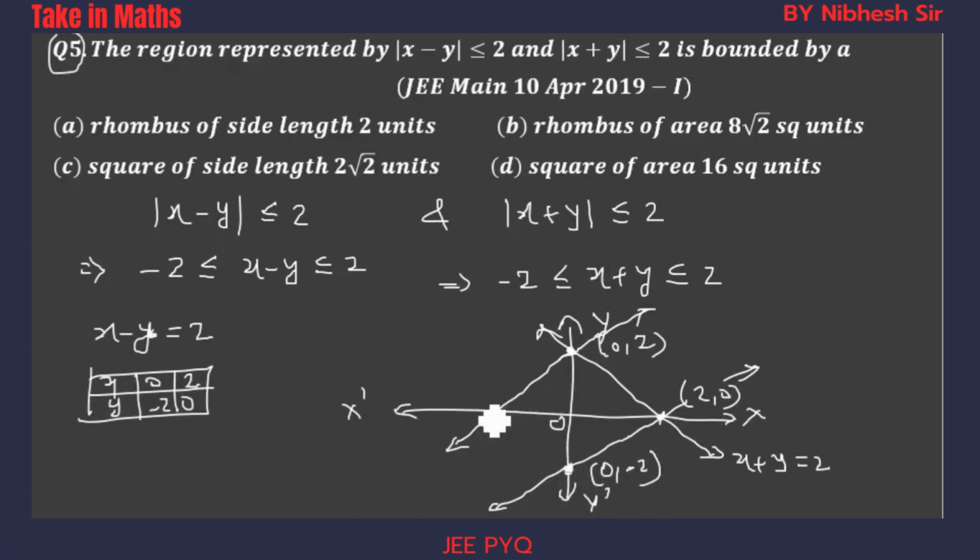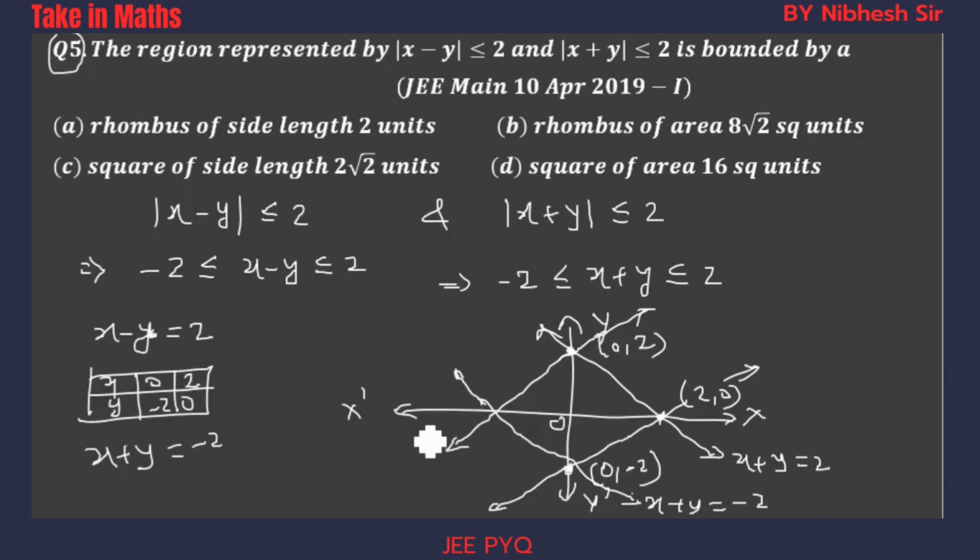And this is your line x plus y equal to minus 2. When you put x equal to 0, y is minus 2, and when y is 0, x is minus 2. So this will be the line, x plus y equal to minus 2.